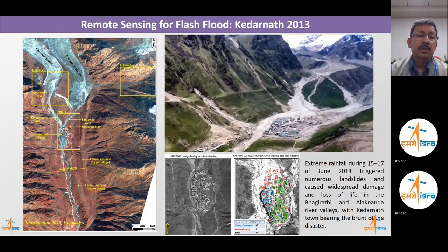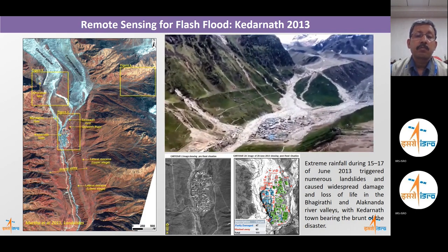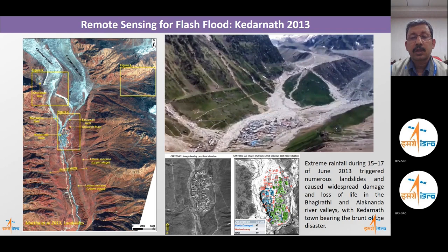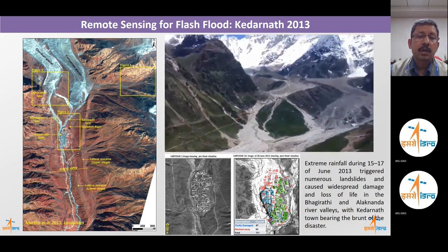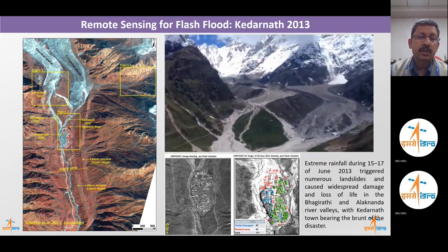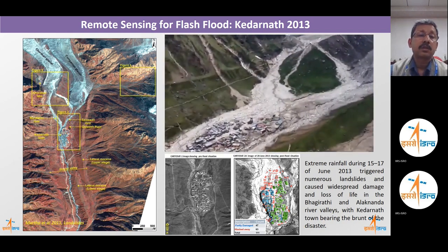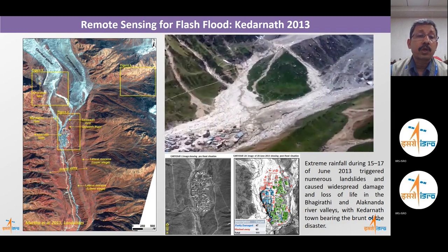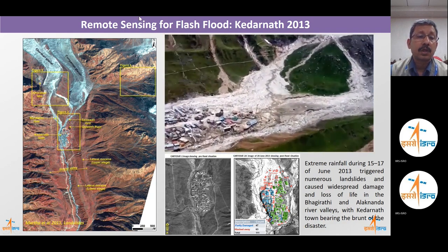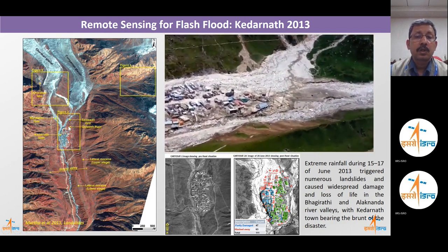Once the lake got filled, the moraine dam, which held the lake, got breached, and the entire water flowed directly onto Kedarnath town, which is situated just below it.